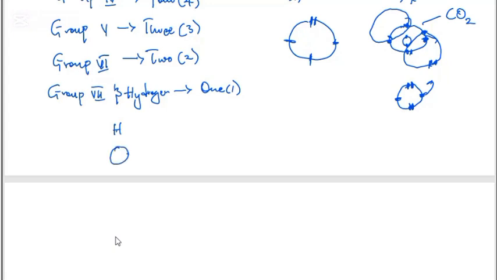So hydrogen has one electron, while fluorine, being a group 7 element, has 7 outermost electrons: 1, 2, 3, 4, 5, 6, 7. So you can see they just need to share this one. So fluorine will become 8 outermost, while hydrogen will become 2 outermost filled electrons.